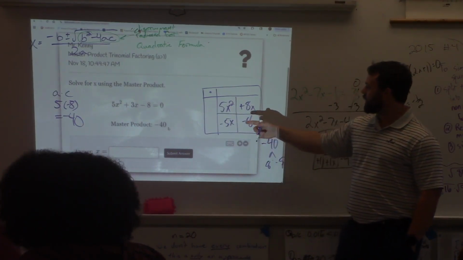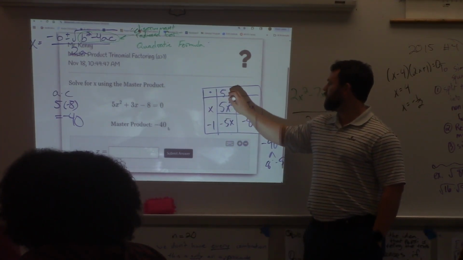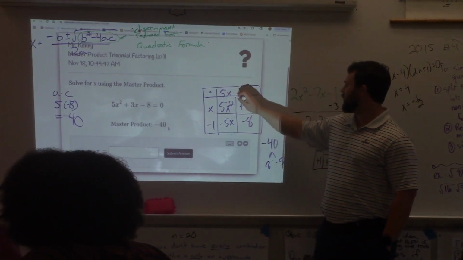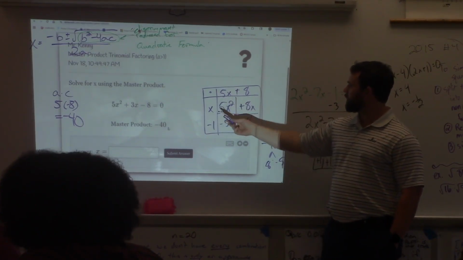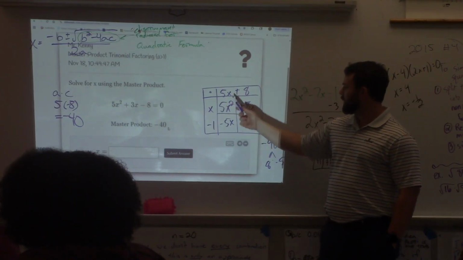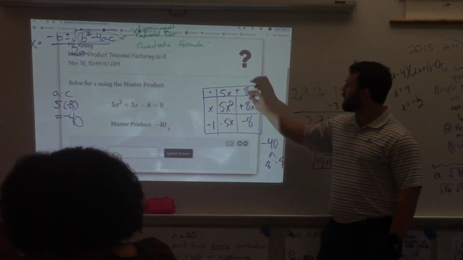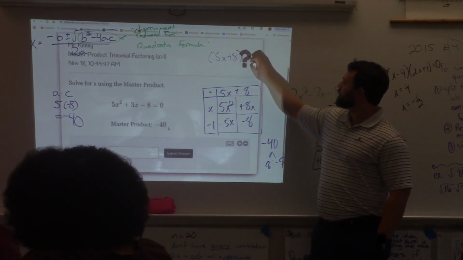When I look at this, I see an x in common, a -1, a 5x, and an 8. Let me check. 5x squared, well remember I'm multiplying these, right? 8x, that'd be a -5x, that'd be -8, yep. So my factored form is 5x plus 8 times x minus 1.